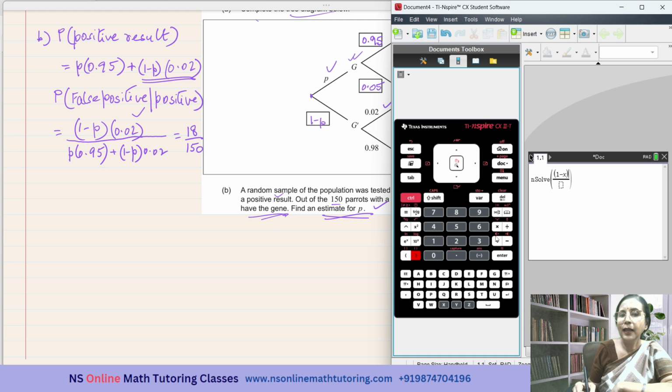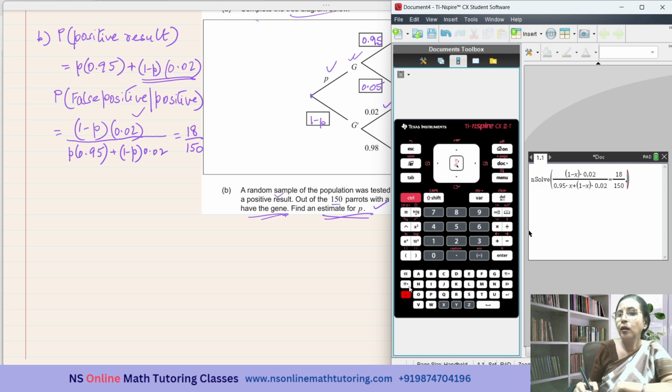1 minus x times 0.02 over 0.95 times x plus 1 minus x times 0.02, equal to 18 over 150.